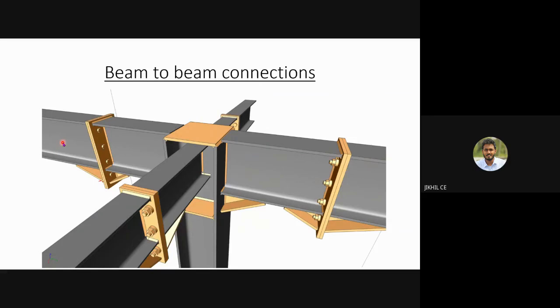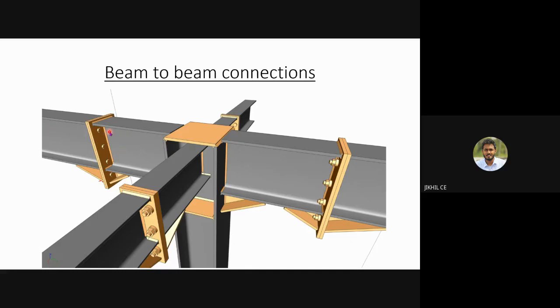Apart from the beam to column connection, you also need the connection between beams, because I told you the steel beam is not made on the site. It has to be bought from the market, and the maximum length possible is 6 meters for bringing from the factories to the site. So if the length of a beam exceeds 6 meters, we are supposed to join 2 beams.